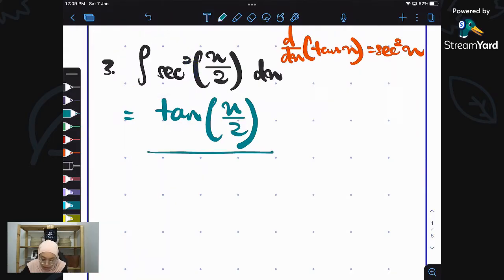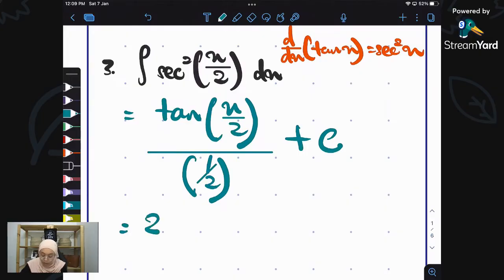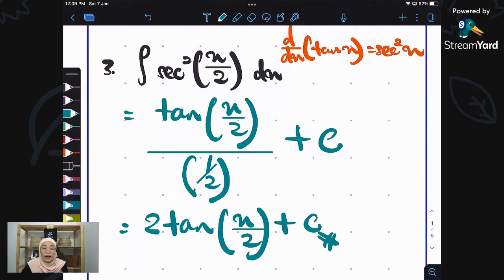But don't forget we must divide by 1/2, because when we differentiate inside the bracket, it is 1/2. And don't forget to write plus c. And then we simplify it, and we will get 2 tangent x over 2 plus c. That is our answer for integrating secant squared.